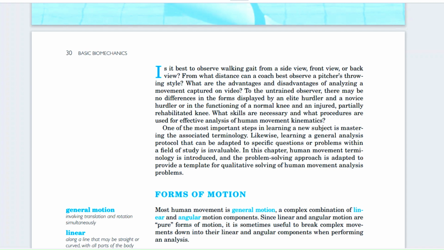Likewise, an untrained observer may struggle to differentiate a normal or injured knee, or a normal or rehabilitated movement. So in this chapter we are going to discuss these kinds of questions.